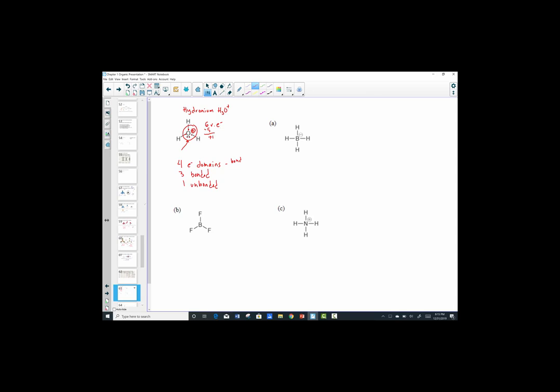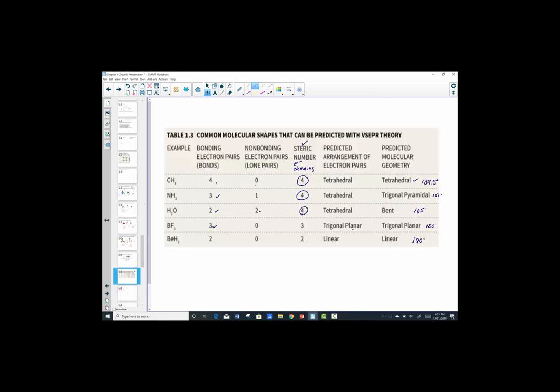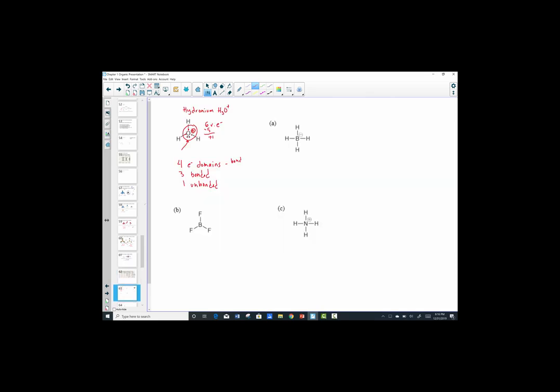And in this example, 3 are bonded, 1 unbonded. So according to your VSEPR chart, 4 domains, 3 bonded, 1 unbonded is a trigonal pyramidal shape. And that means the bond angles are approximately 107 degrees.